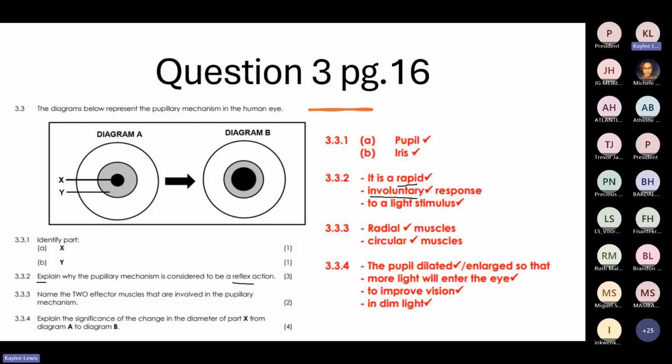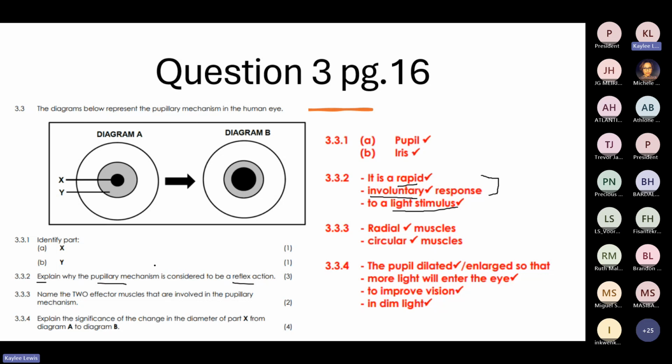And why is the pupillary mechanism it? So your 3rd mark is going to be because it's to a light stimulus. If you just responded with the first 2 points, you're basically just saying what a reflex action is, which is a rapid involuntary response. And we know it's there to protect the body from harm.